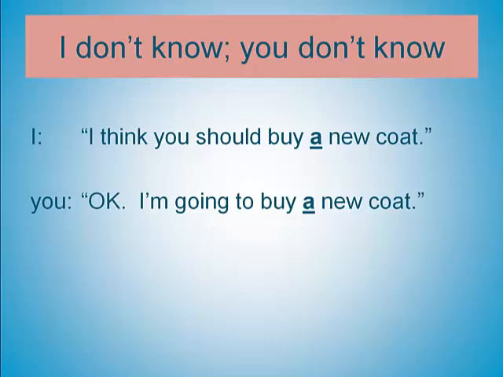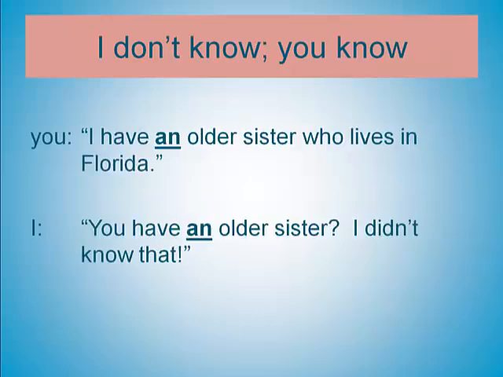So you say, okay, I'm going to buy a new coat. Maybe you know something, but you know I don't. You say, I have an older sister who lives in Florida. And I say, you have an older sister? I didn't know that.